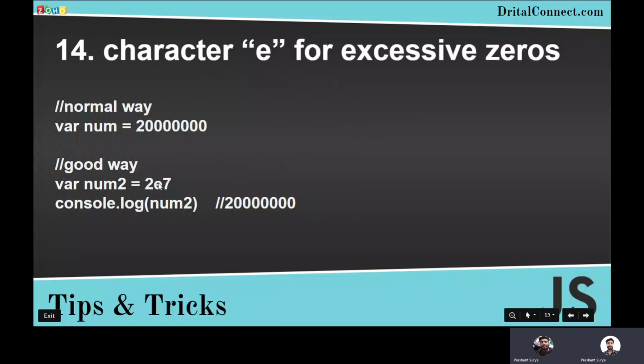That means you have 7 zeros there. So if you console or calculate with number2, you get the original value, that is 1, 10, 100, 1000, 10,000, lakh, 10 lakh, crore, 2 crore.